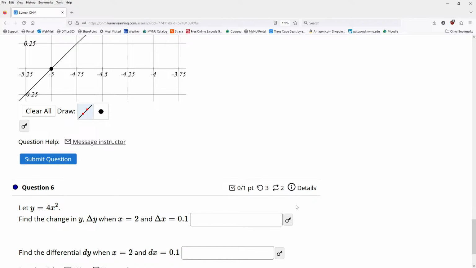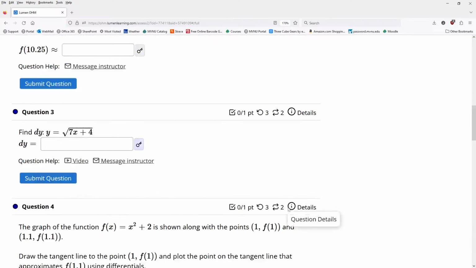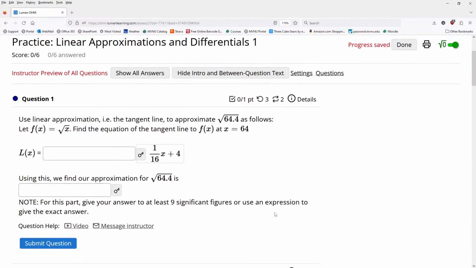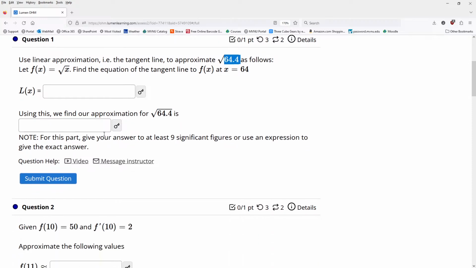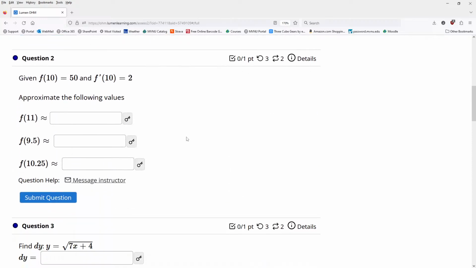Okay, so let's take a peek at the homework so that you don't get scared, because there's some weird stuff here. So first off, up at the top, we have some stuff that you're familiar with. We've already done this sort of thing using the tangent line to approximate the square root of 64.4, because you know the square root of 64, I hope. Square root of 64 is 8, just in case. Anyway, so we've already done something like this.